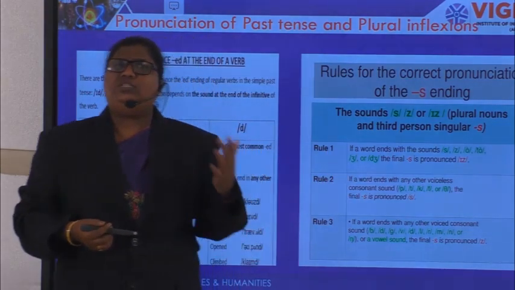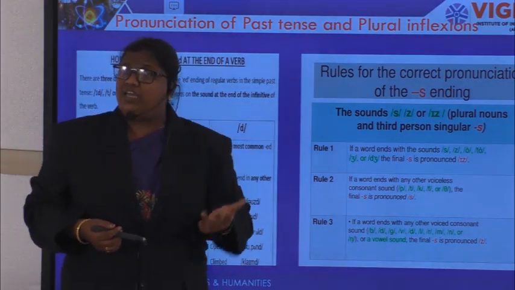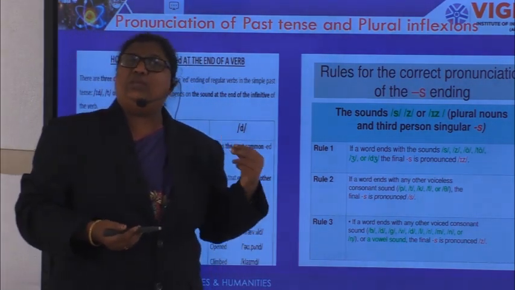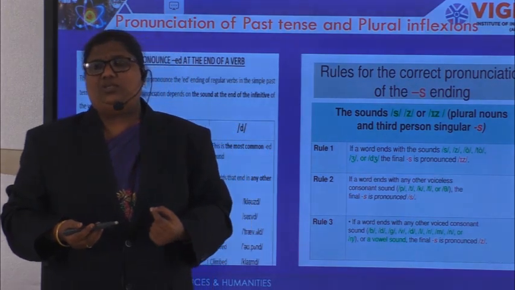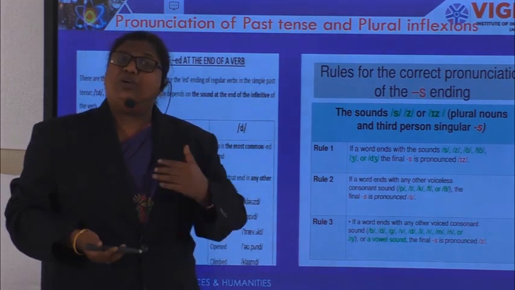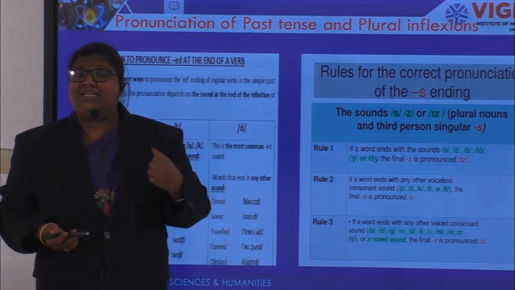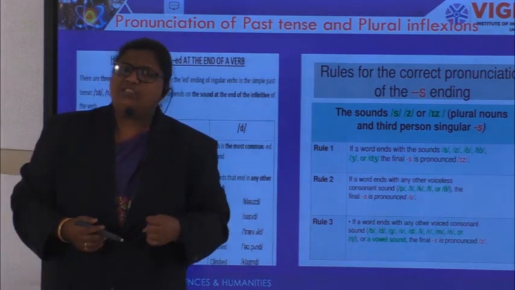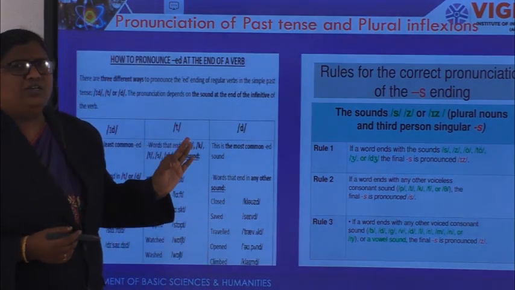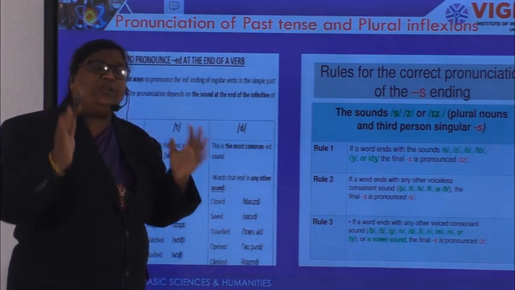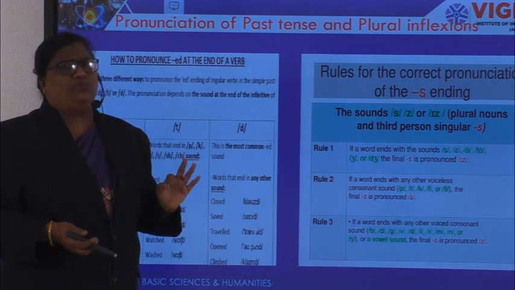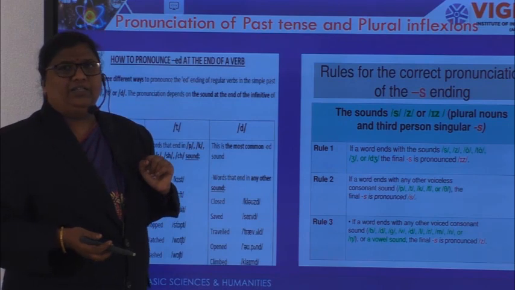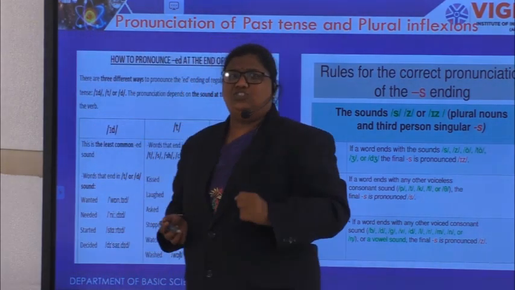So I want you to just have a look and listen carefully, and next time when you are using them, use them with the proper pronunciation, so that after a couple of months you get used to pronouncing exactly how you are supposed to pronounce. Clear? Shall we move ahead? Very simple rules. Don't think too much, don't worry too much about it. Only 3 rules, but you have to remember the sounds. Okay, so first we'll see past tense inflections.